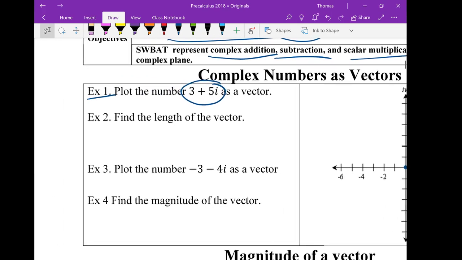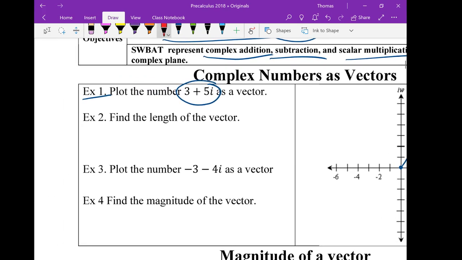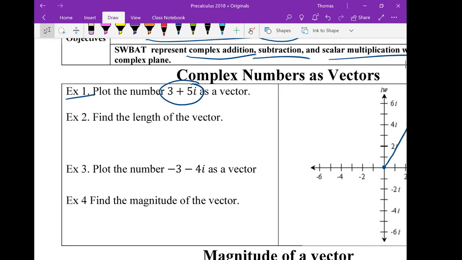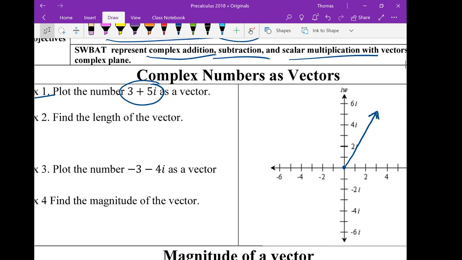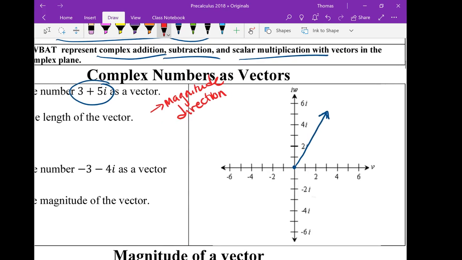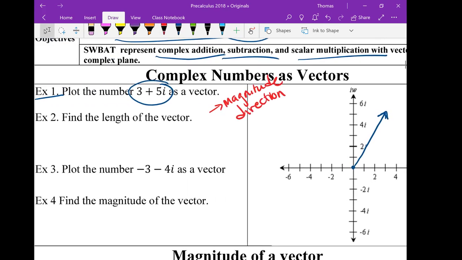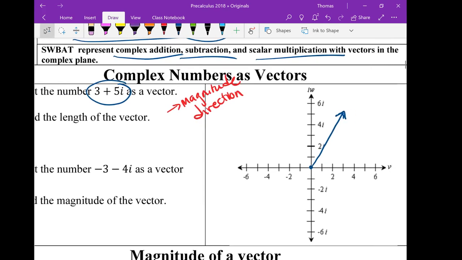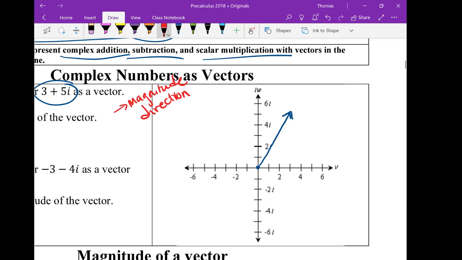Great. Now the second part says find the length of the vector. When we're talking about vectors, they have a magnitude and a direction. Today we're going to start thinking about the magnitude, which is the length. How long is our vector? To do that, people noticed in class that this looks a lot like a triangle.